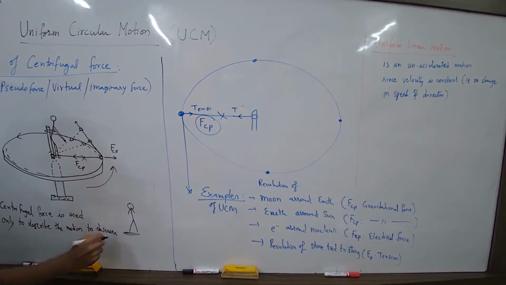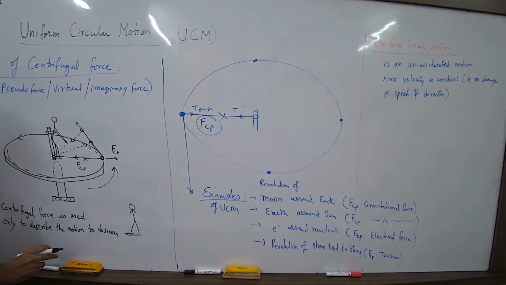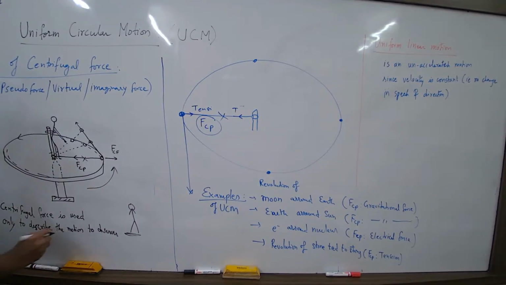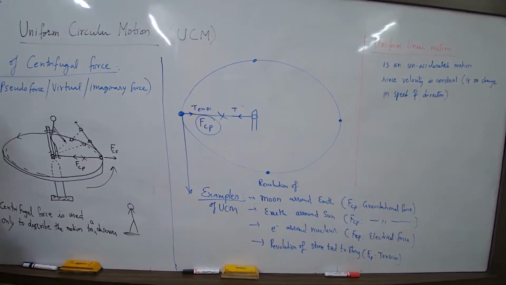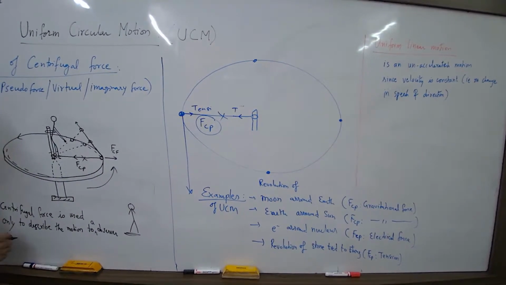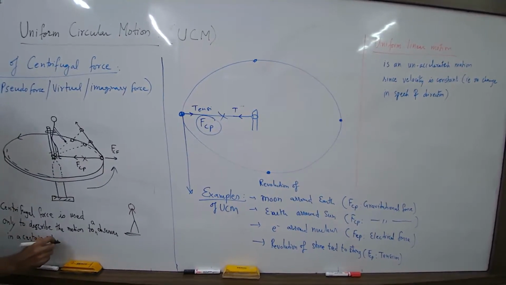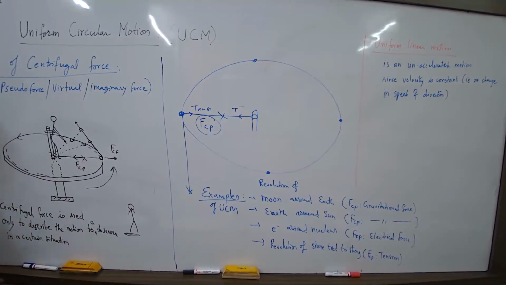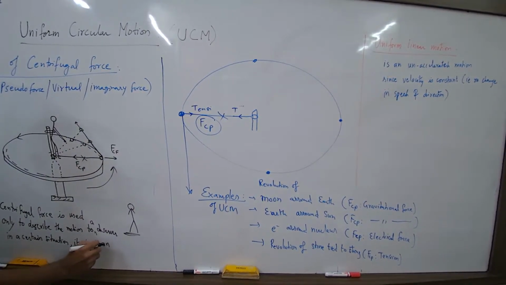So motion is not absolute. It is different for different observers. This is what you should understand, right? So centrifugal force is used only to describe the motion to the observer in a certain situation, right? Okay. So it is therefore an imaginary force.